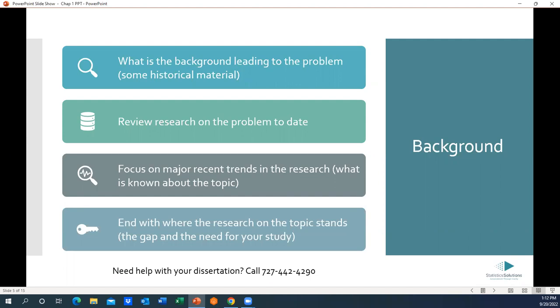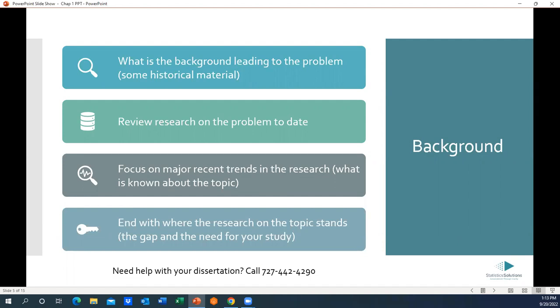And so that should funnel toward what we don't know, or the research that still needs to be conducted. And that's where your study is going to come in, right? So this can be chronologically structured, right? Going back in time to give us a sense of where the issue came from.